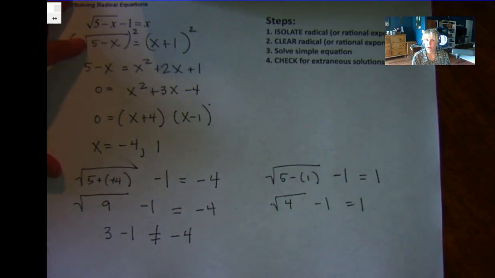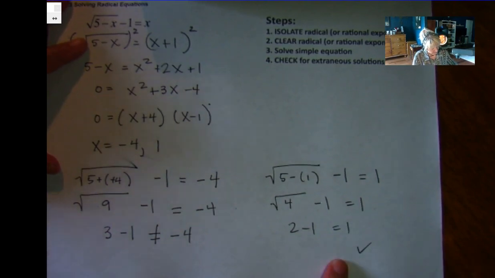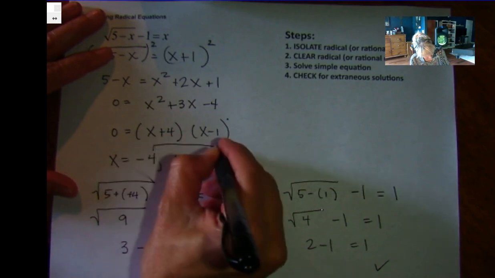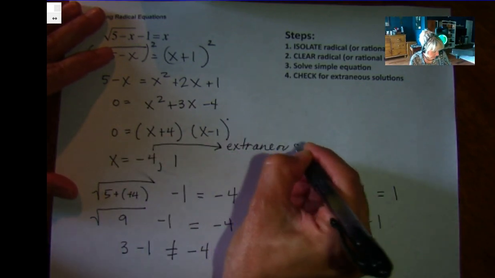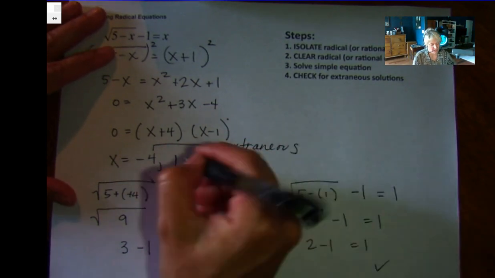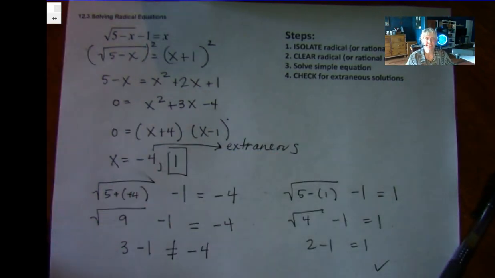Square root of 4 is 2. 2 minus 1 equals 1. It all works out. So I know that the negative 4 is extraneous because it gives us a false number sentence. So the only answer is going to be x equals 1. And that's it. That's how to check for extraneous solutions when solving radical equations.